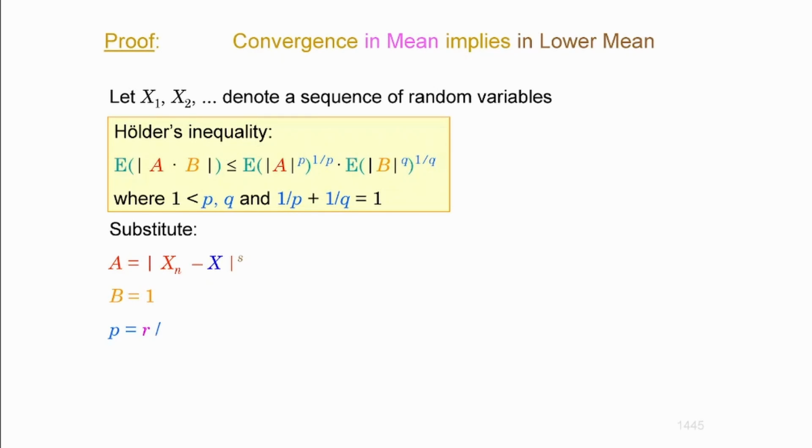And p is going to be r by s. You need to understand that r is greater than s by definition, because we have convergence in rth mean and convergence in the lower mean, which is s, so r by s is greater than 1. That should be denoted here. So p actually satisfies this condition.